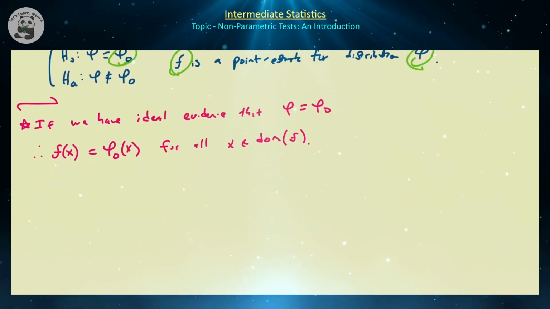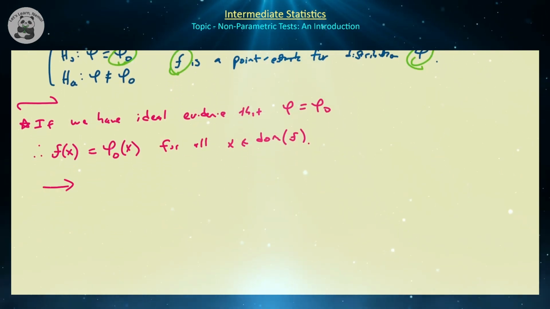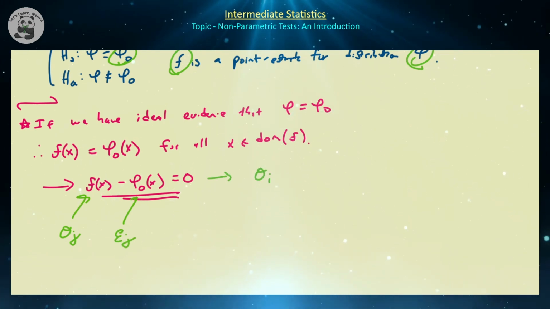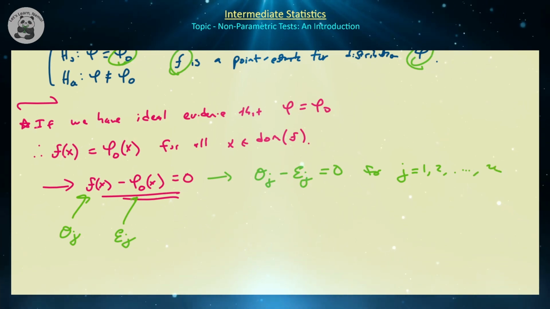So if that is the case, then f(x) minus phi 0(x) will be equal to 0 for all of those values. And keep in mind, f(x) is just our observed value, and phi 0 is our expected value. So that means that our observed minus expected value will be equal to 0 for j equal to 1, 2, all the way down to n.